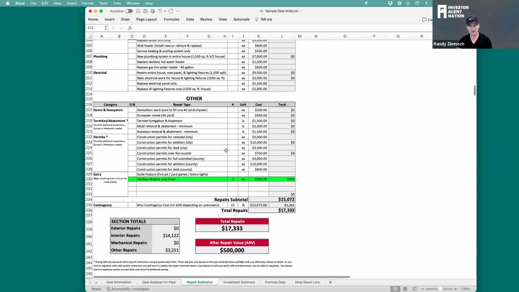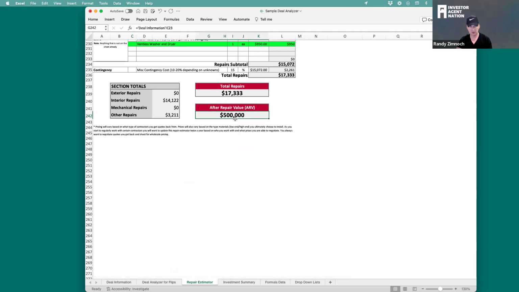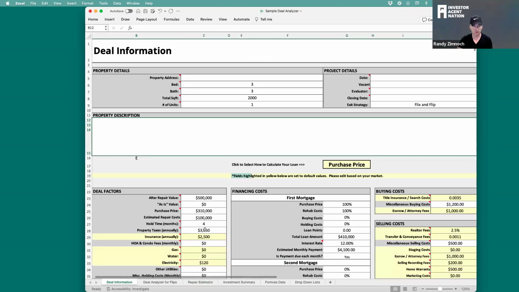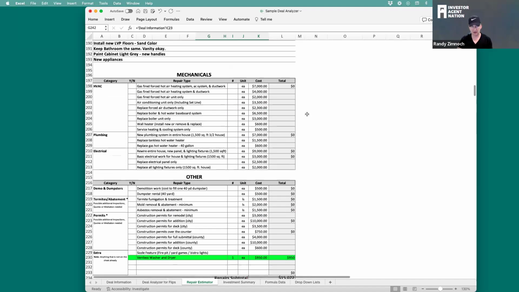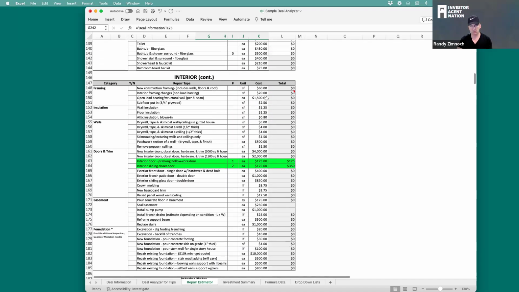The way this is designed is that this number, this after repair value, in the one I give you, is going to get pulled into right here, this number. Estimated repair cost is going to get pulled from this total right here, automatically. I don't have the time to go through this, right? And Eric wouldn't either.